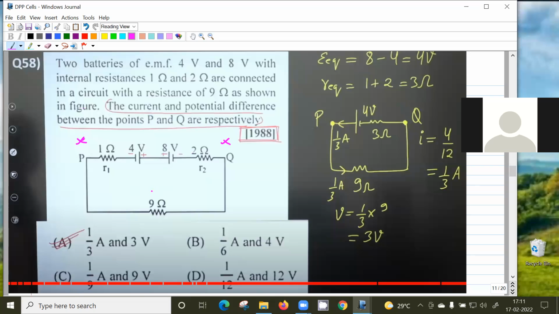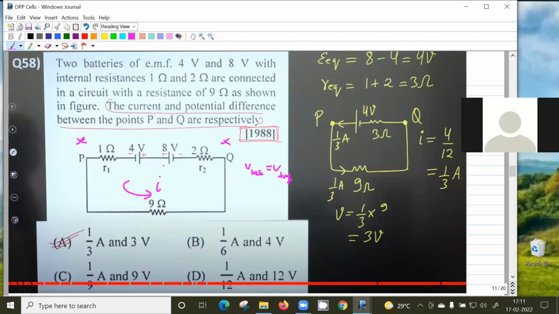To find the current, let the current be I1 in this direction. Going around, the total drop should be 0. Here there is a rise, and here there is a drop. Or I can write KVL as potential rise equal to potential drop.